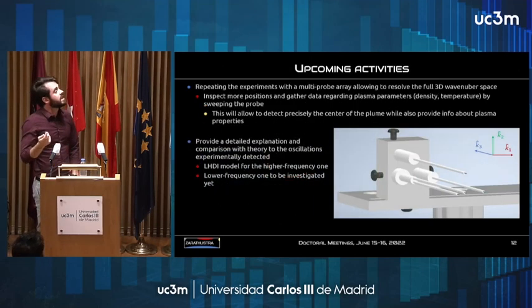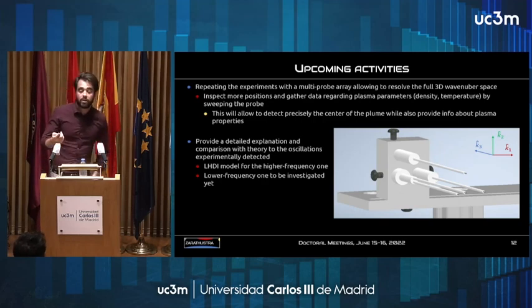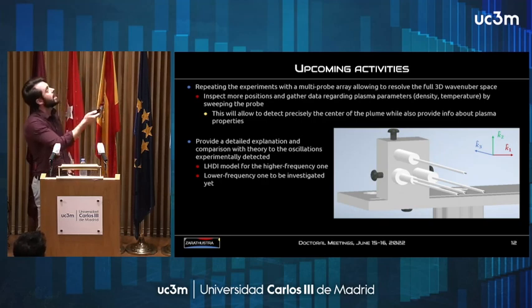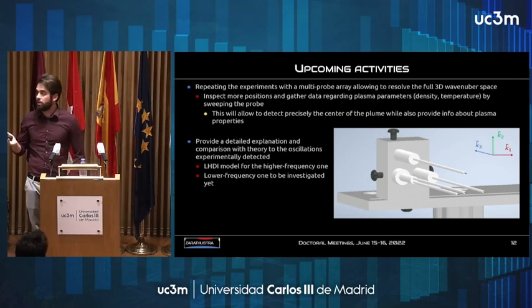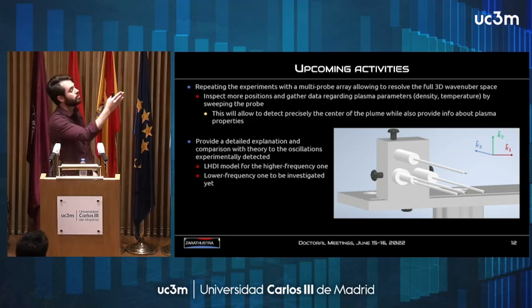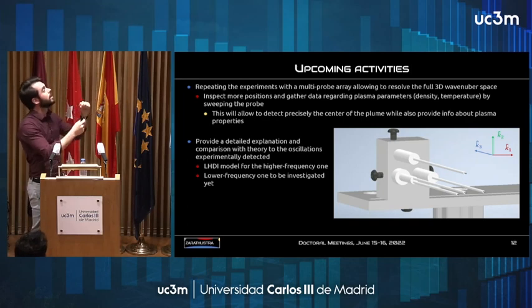Upcoming objectives are to extend what we have done with further experiments by using a multi-probe array, as you can see in the picture, so that you can resolve not only one direction in the spatial domain, but the full 3D wave number space if you use 4 probes displaced like that.